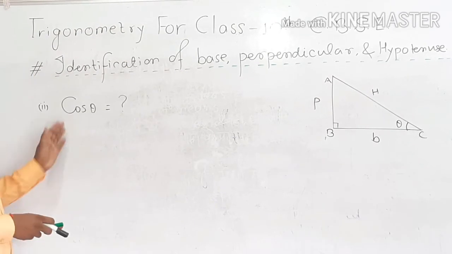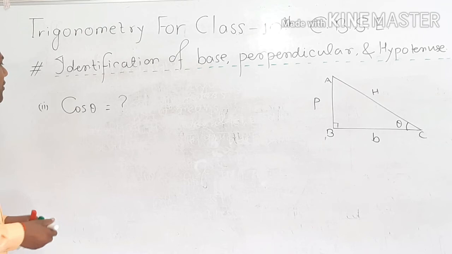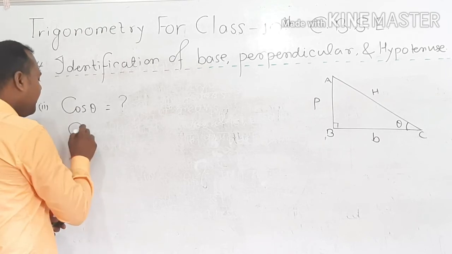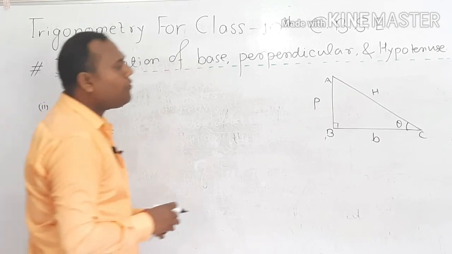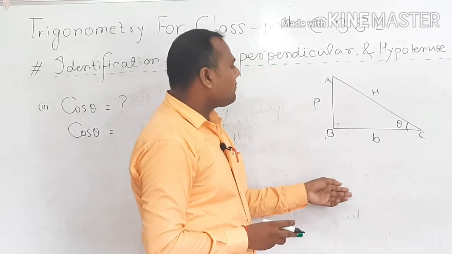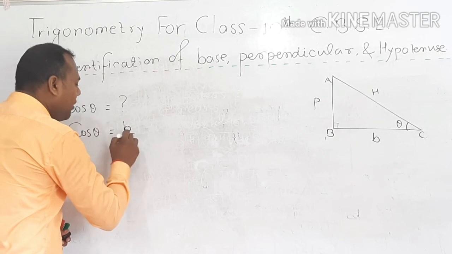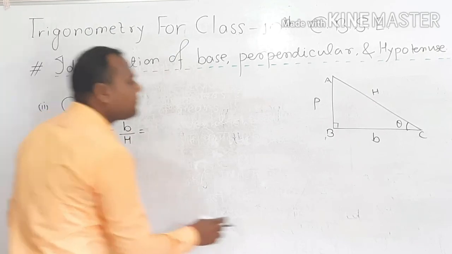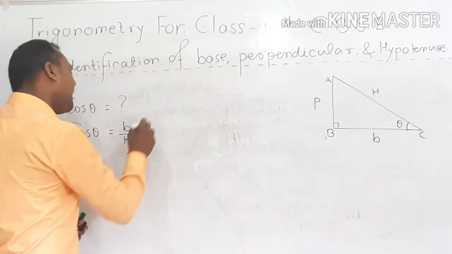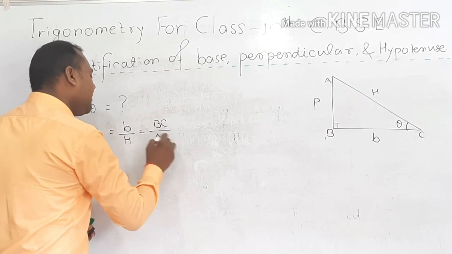Now let us see what is the meaning of cos of theta. Firstly, cos of theta means the ratio of B and H, or B upon H. B means we take the side BC, and H is AC.